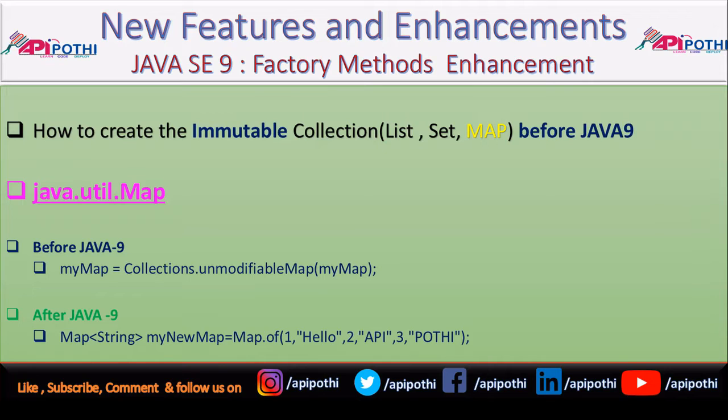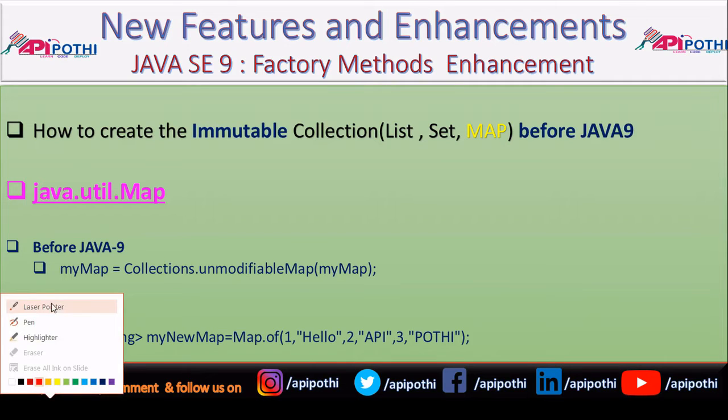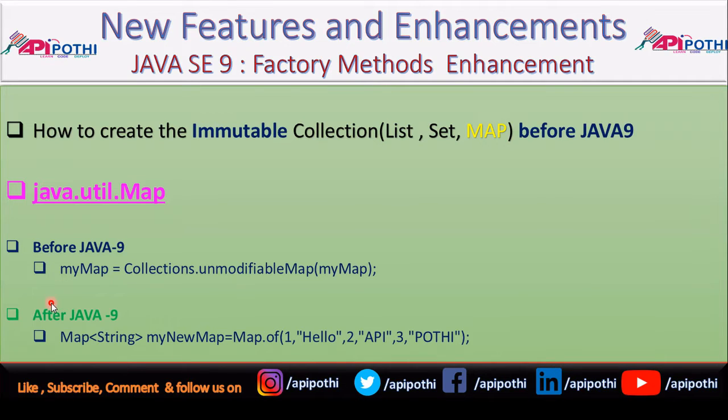Before Java 9 it is the same way we create list and set, but the difference is that map has a different behavior, it has key and value pairs. That is the reason this is a little special with respect to list and set collections.